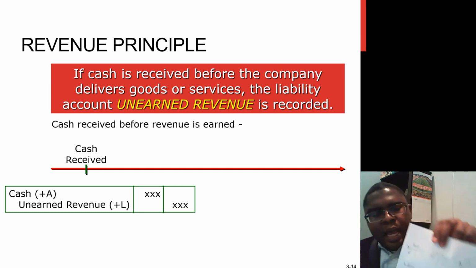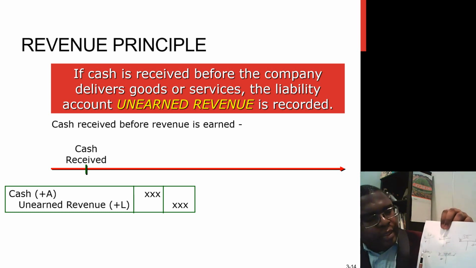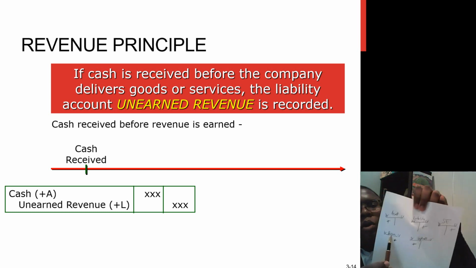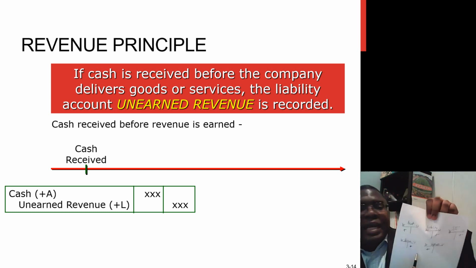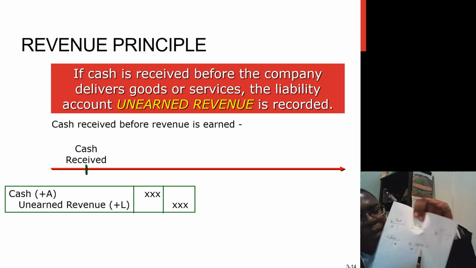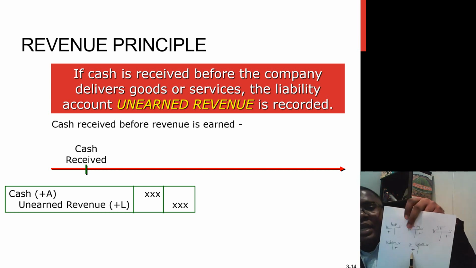So the two additional things we are going to put in the rules of journalizing are revenue and expenses. Revenue is going to take a credit balance. So increases in revenue will be recorded on the credit side, and expenses take a debit balance.